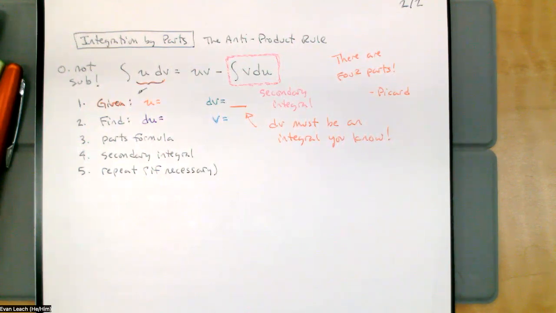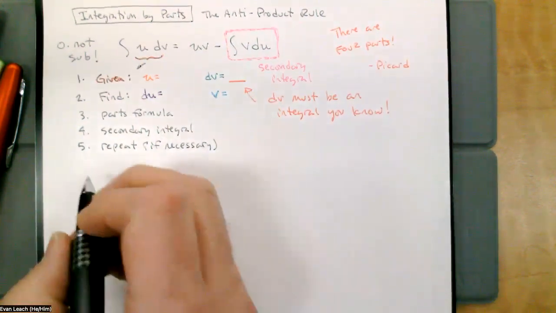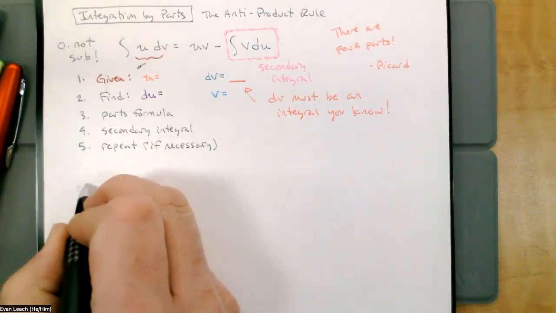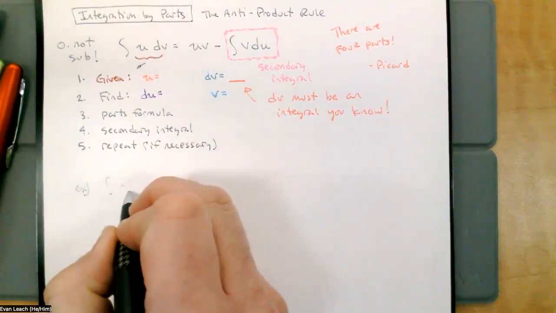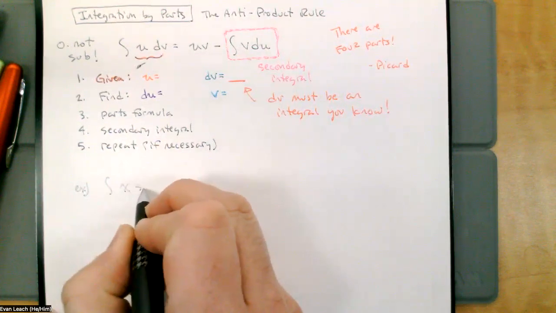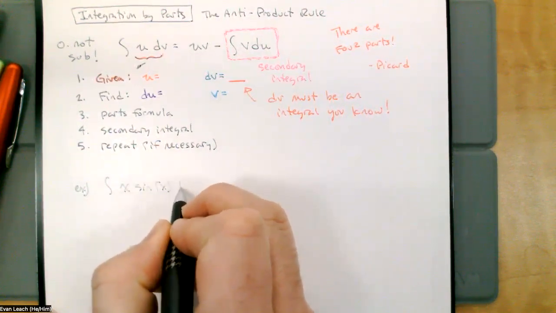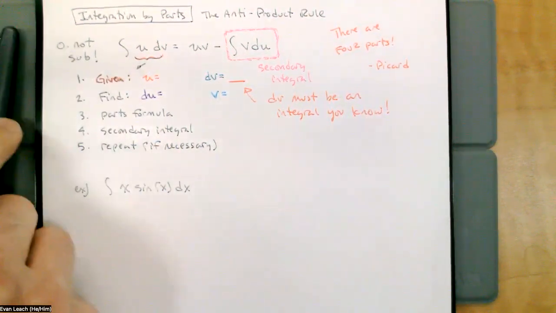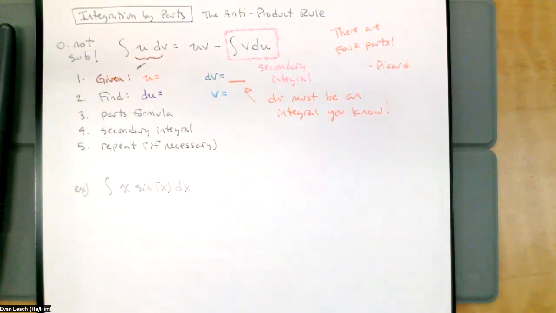Let's look at an example. Classic integration by parts problem. The integral of x sine of x.